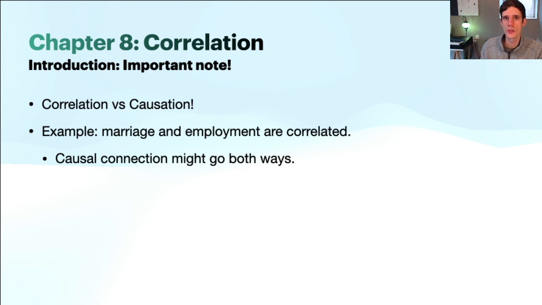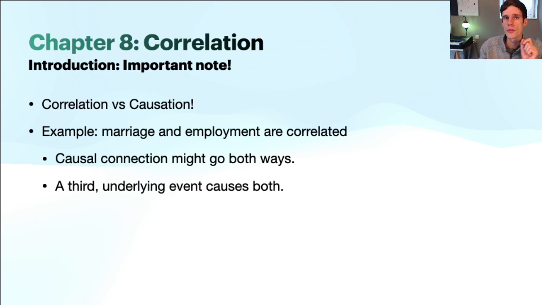However, there could also be no causal effect between these two whatsoever. Marriage not causing employment and employment not causing marriage. Instead, there could be a third reason that causes both of them independently. This third underlying reason could, for instance, be a booming economy. We know that a booming economy makes it so that people are more hopeful towards the future.